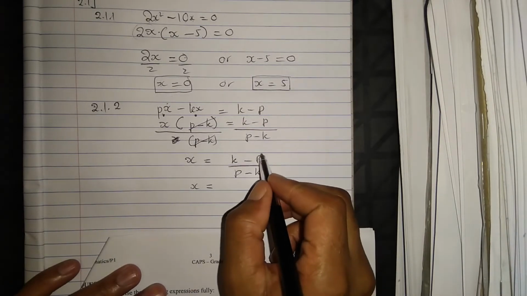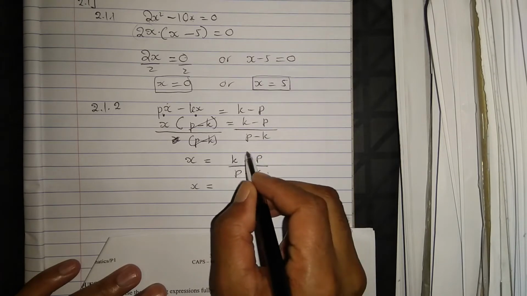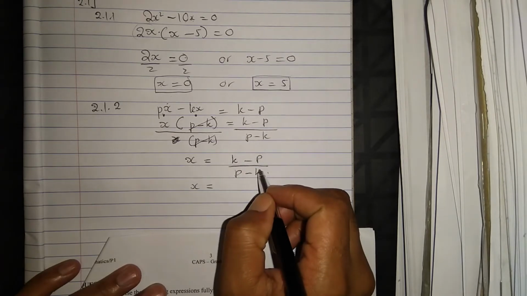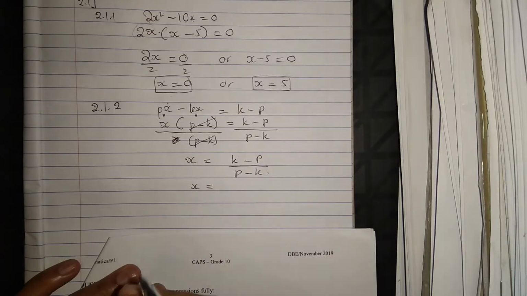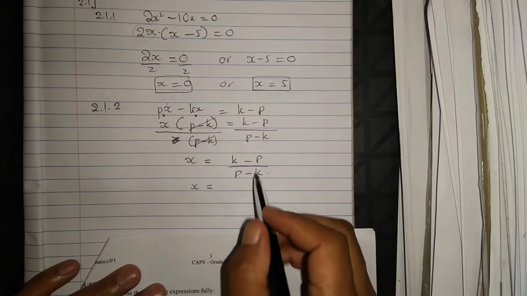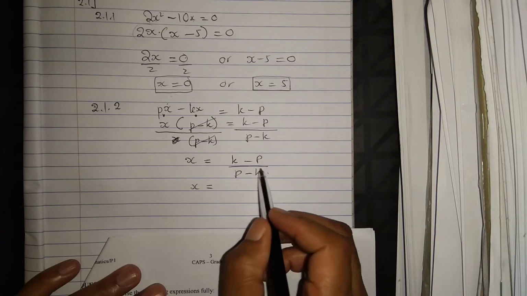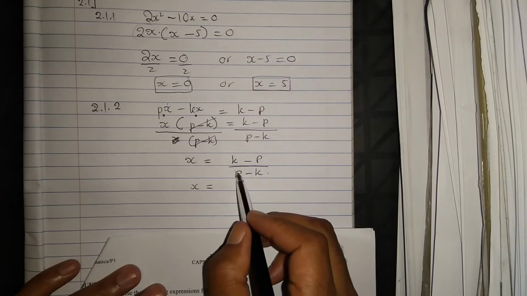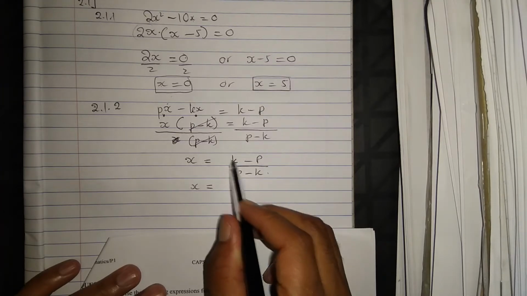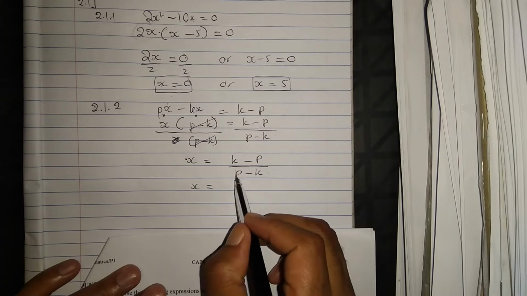Why? Because the numerator and the denominator are actually similar, but the only difference here is that the p on the numerator starts with k, but on the denominator it starts with p.